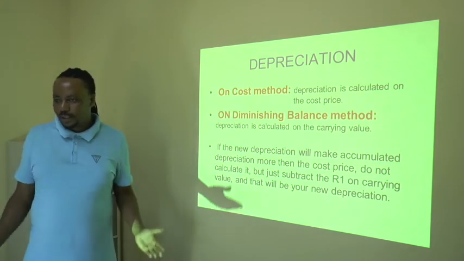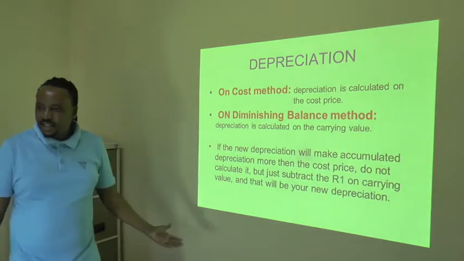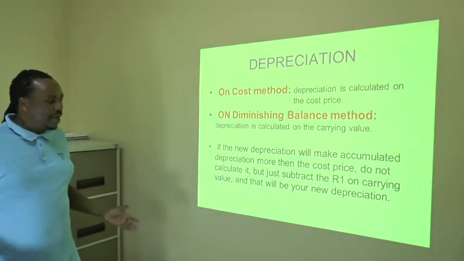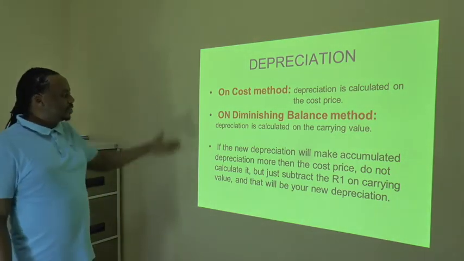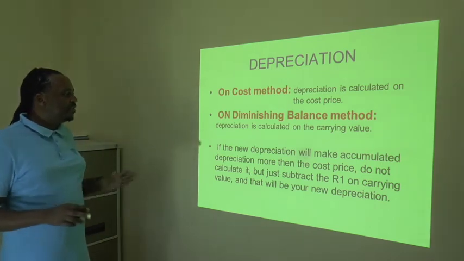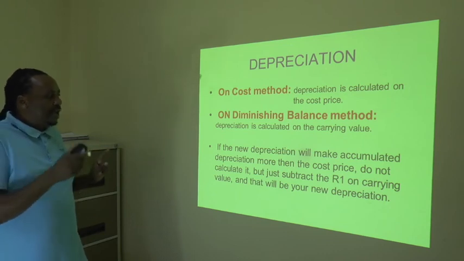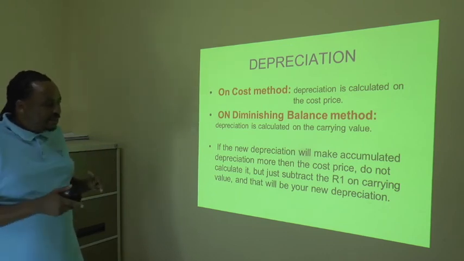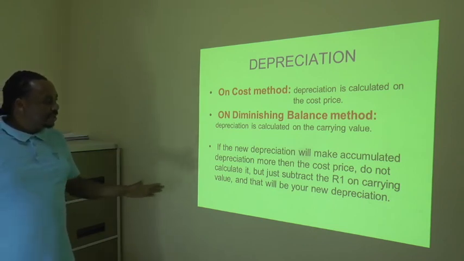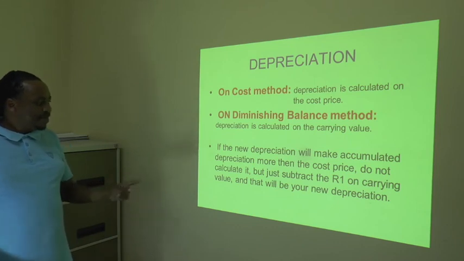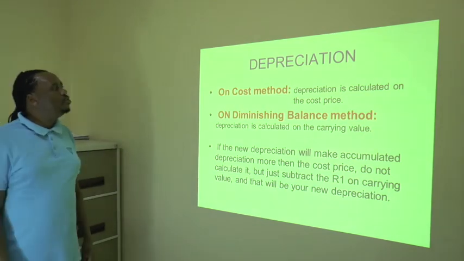It must be valued at R1, because otherwise it would depreciate until it gets a negative value. So according to the GAAP principle, that asset must be valued at R1. So when it comes to depreciation, do not bother yourself by calculating the depreciation of an asset if, once you have calculated it and added that amount, the accumulated depreciation will be more than the cost price. Do not calculate it. Just take the carrying value of that asset minus R1. That amount that you are going to get will be your new depreciation.